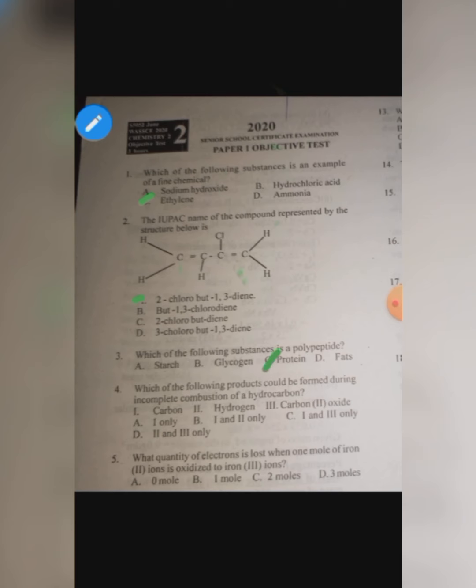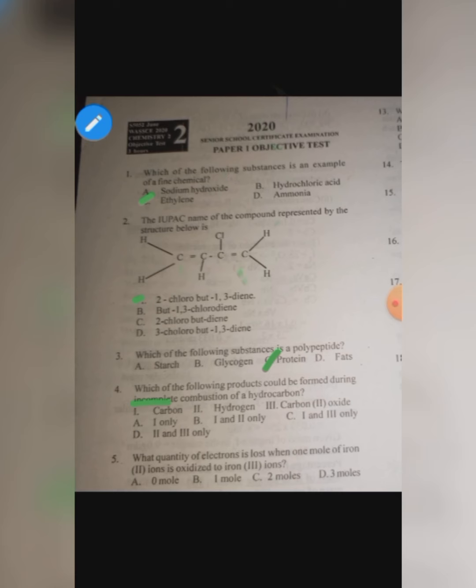Question 4 says, which of the following products could be formed during incomplete combustion of a hydrocarbon? It says incomplete, right? So for complete combustion, CO2 and water are formed. But for incomplete, water is also formed, but carbon and carbon(II) oxide, that is carbon monoxide, are also formed.